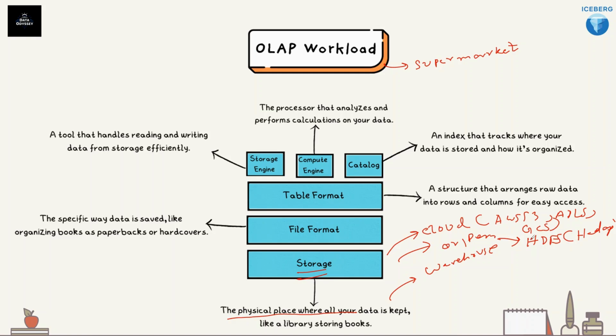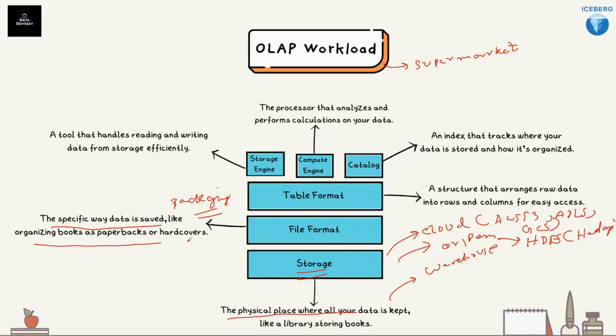After storage comes the file format. What is file format? It's the specific way data is saved, like organizing books as paperbacks or hardcovers. So, in one single word, it's the packaging of data. And what do I mean by the packaging of data? For example, in a supermarket, products come in different packaging, right?